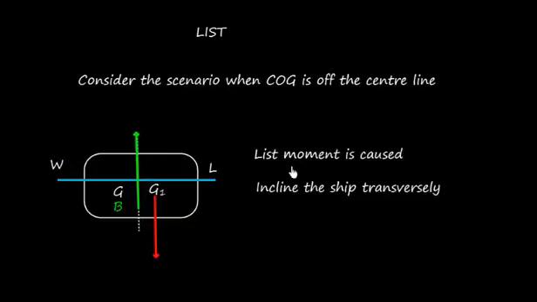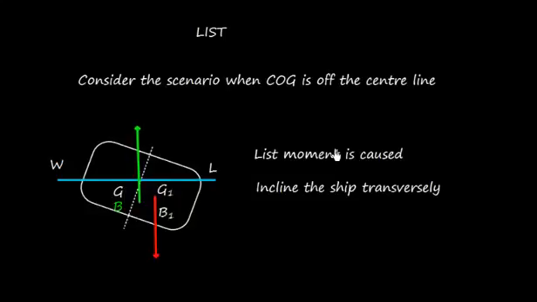There are two forces here and a moment is formed, and the ship will incline. Now this B, this force of buoyancy, has also moved and will pass through B1, because the geometrical center of the underwater volume has also changed.